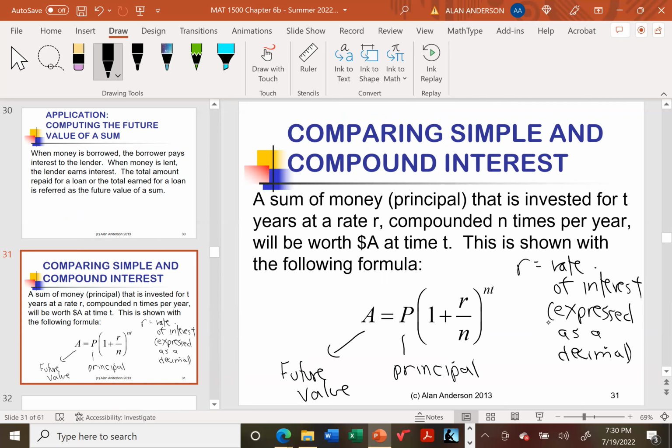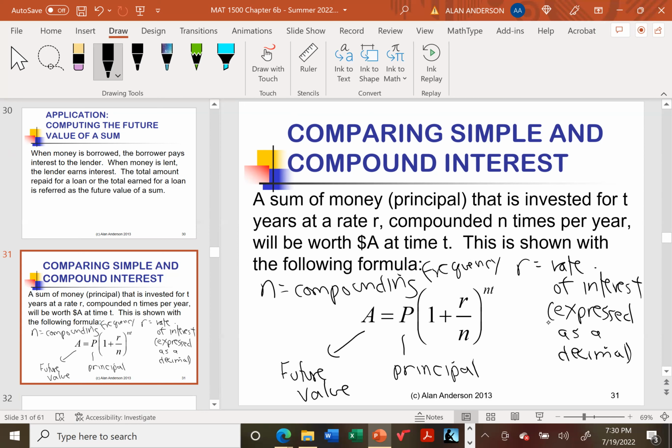Now, if the interest is calculated or compounded more than once a year, let's say the bank calculates your interest every month, then N represents the so-called compounding frequency. How often are you being paid or earning this interest?